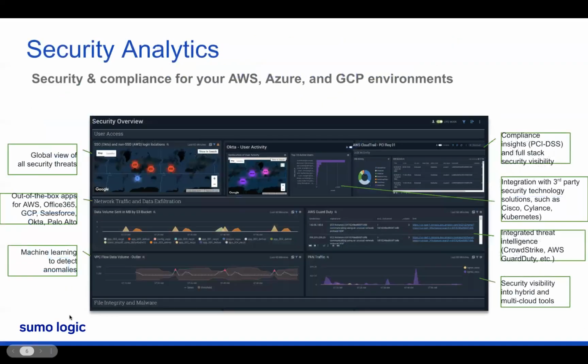Now, specific to Sumo Logic, as we talked about, a lot comes out of the box. You get security and threat analysis out of the box. You get a global posture of how organizations across the world are doing, how things are working or not working for them. There is a lot of out-of-the-box content through our integrations with major cloud providers like AWS, Azure, and GCP.